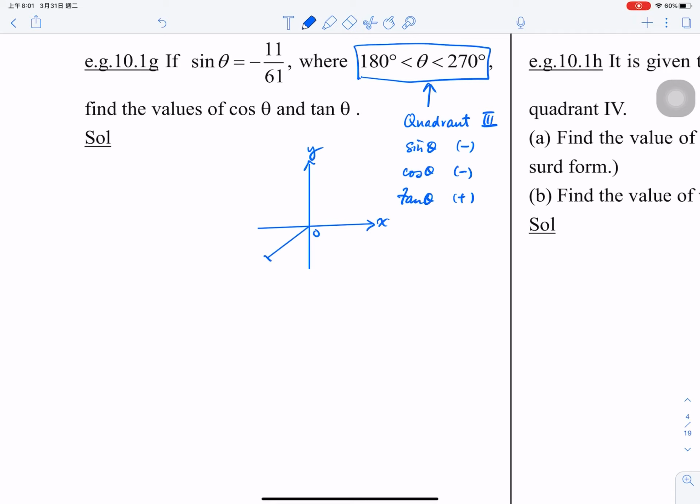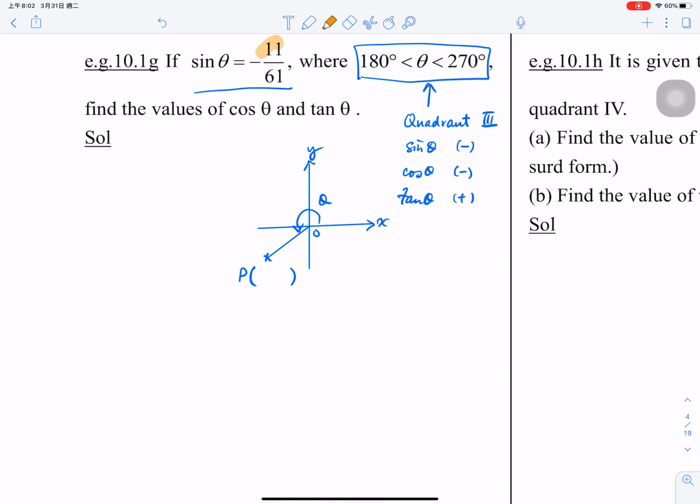Okay, point at this. This one is theta, and point P, OP. And you know that this function is negative 11 over 61.